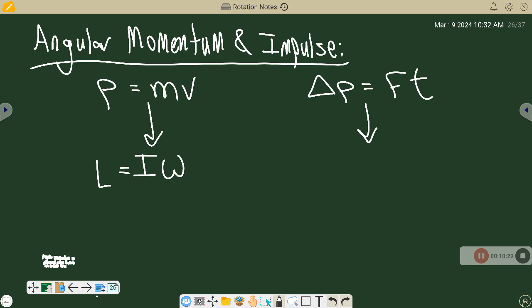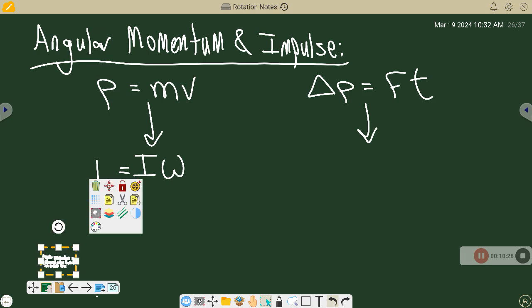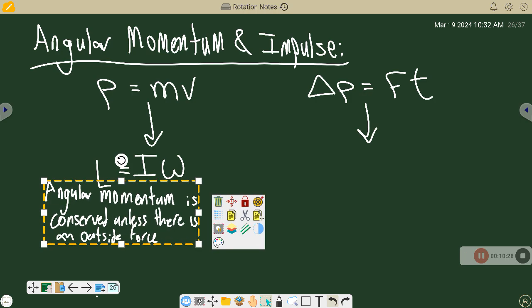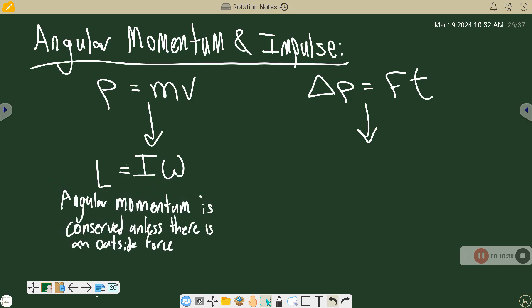Easy as that. What's nice about angular momentum is that it follows the same rules as linear momentum in that angular momentum is conserved unless there is an outside force acting on the system.